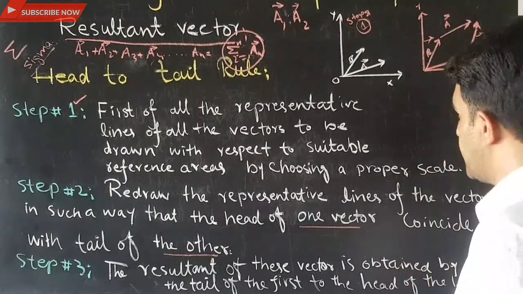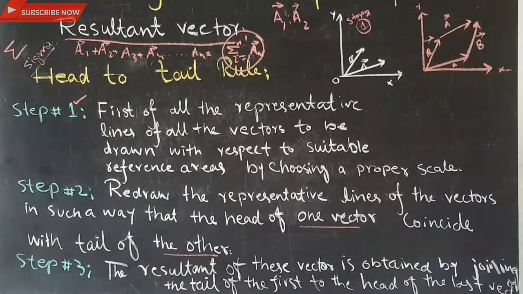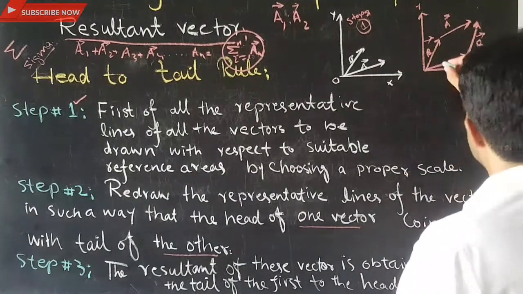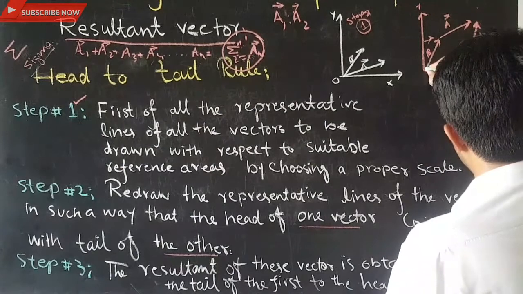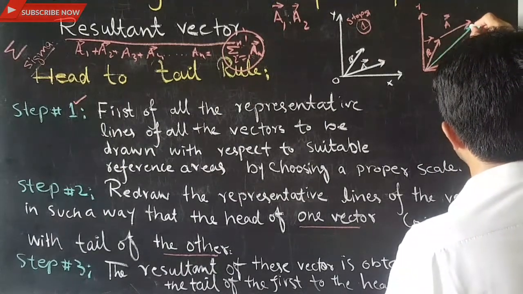Here it means that I must draw a resultant vector which starts from the tail of the first to the head of the last vector.